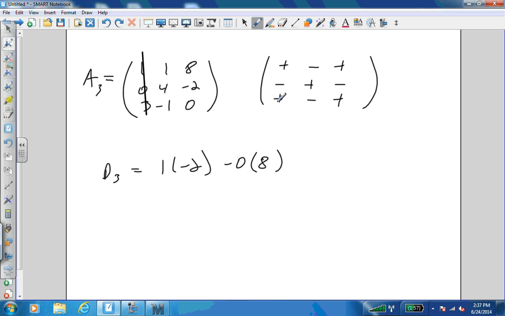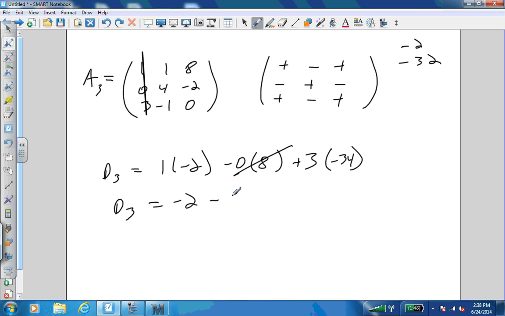Then 3, we use that sign, so plus 3 times, cross out row and column, negative 2 minus 32. Negative 2 minus 32, that's negative 34. So for D3, we get negative 2, 0, and negative 102. So D3 is negative 104.